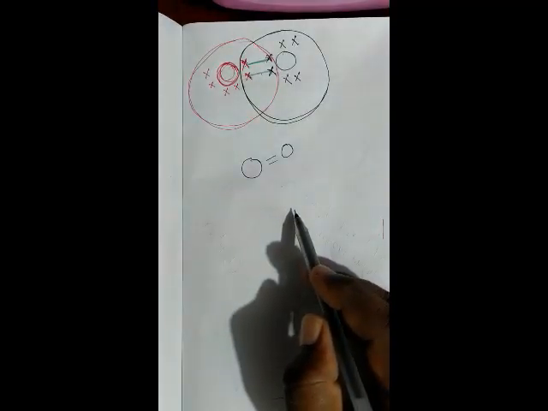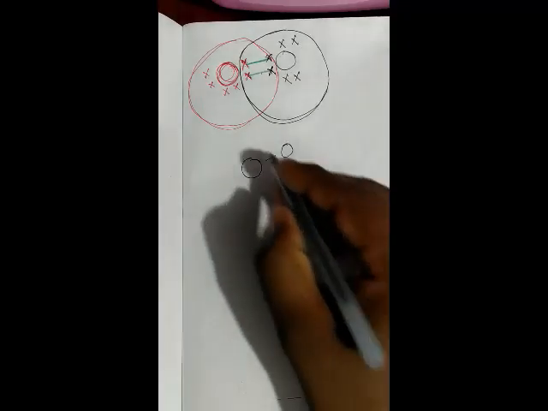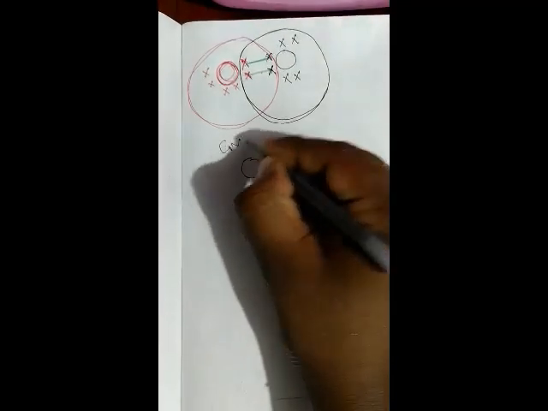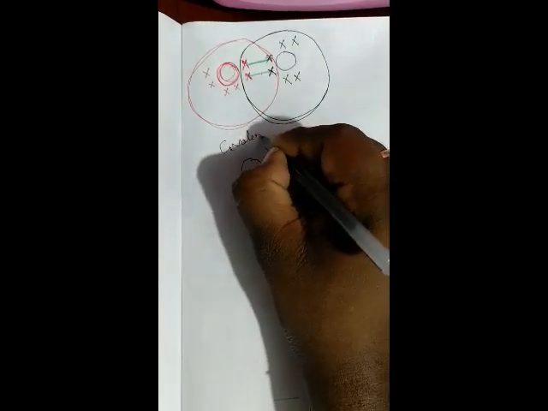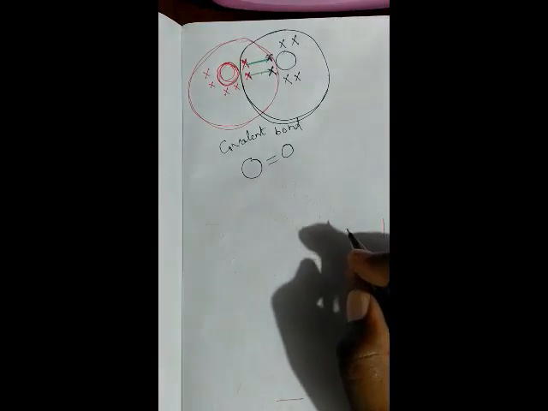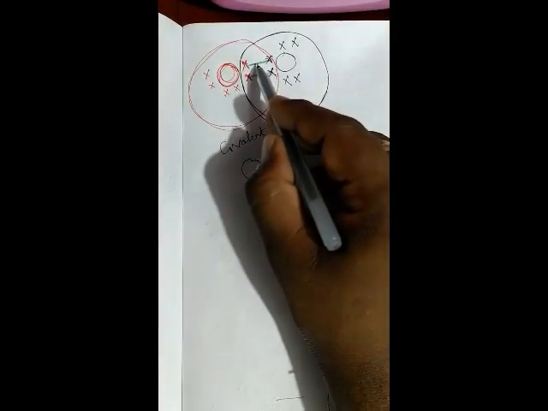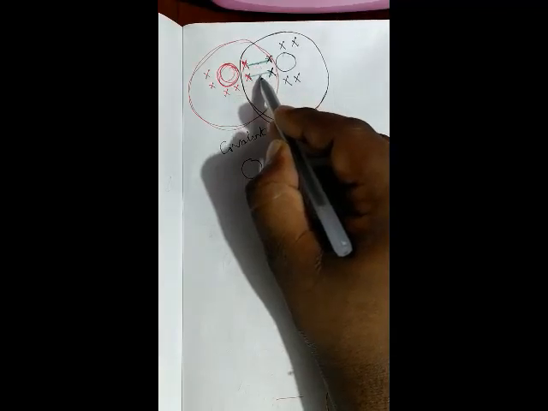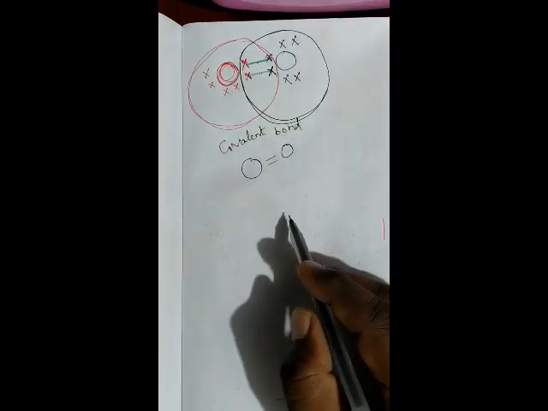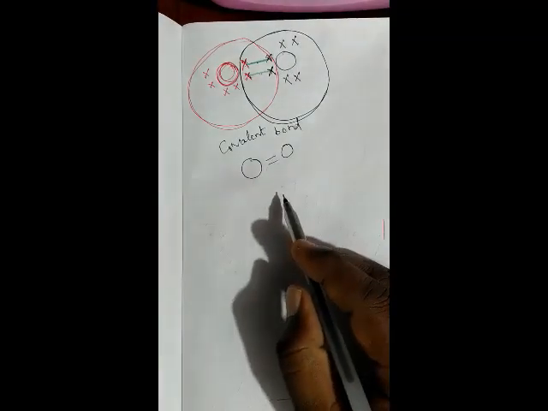Already I told before, the bond which is formed by the sharing of electrons is known as a covalent bond. This is the first covalent bond, and this is the second covalent bond. So a total of two covalent bonds are present.